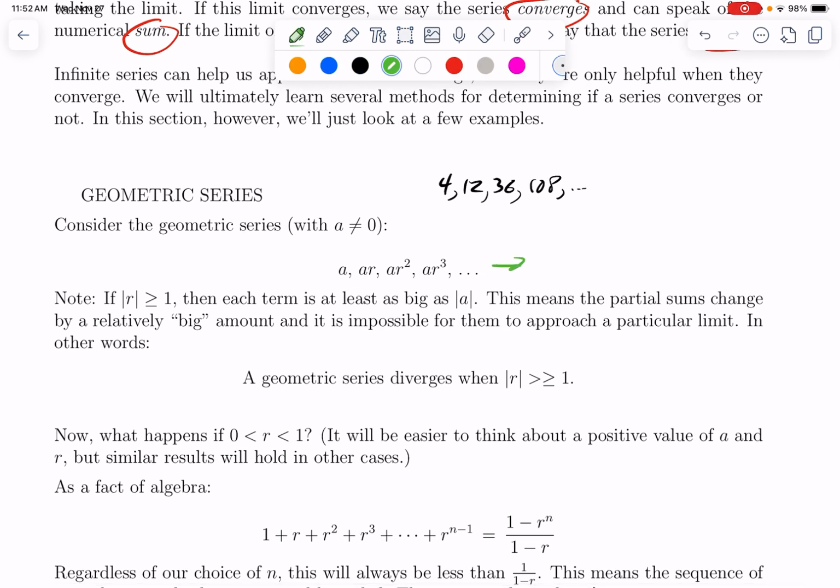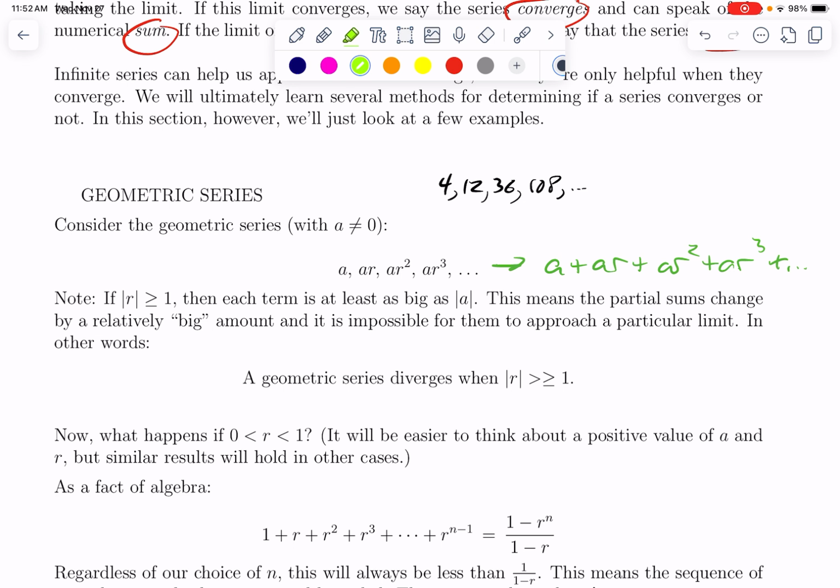So here, this is the more abstract version. Can I add these together? Well, let's just look at this. My running totals are 4, then 16, then 52, then 160. Because the terms are getting bigger and bigger, obviously those running totals are getting bigger and bigger. They're not approaching anything.